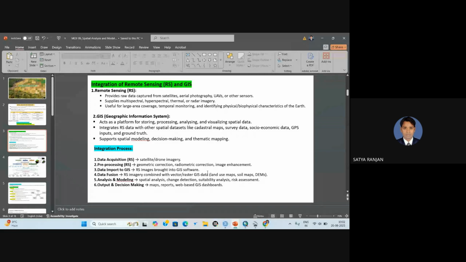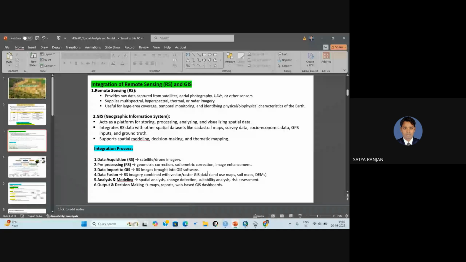In the previous class we saw that image enhancement is very useful for satellite image analysis. Then data import to GIS. So how we import in a GIS platform or in any programming software, we also have to import these satellite data.